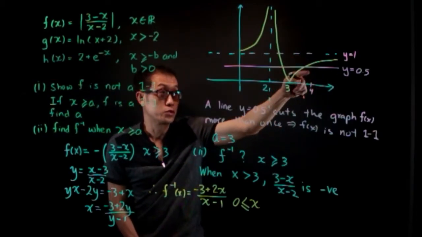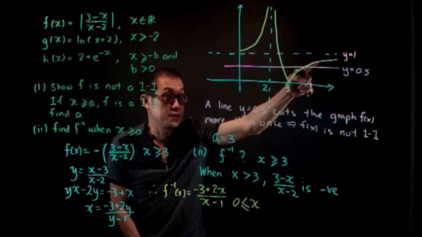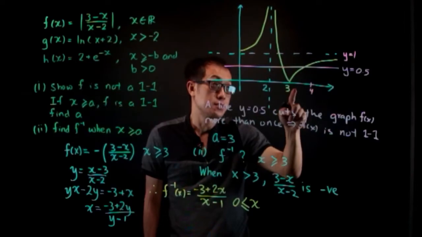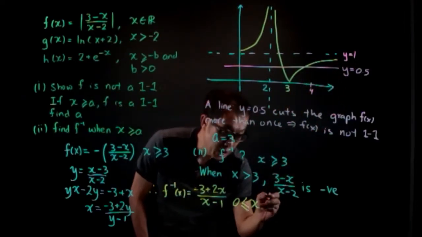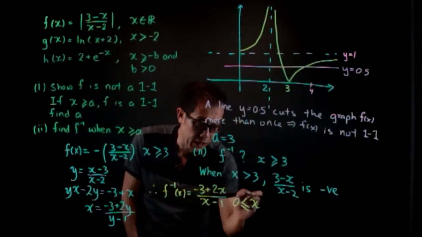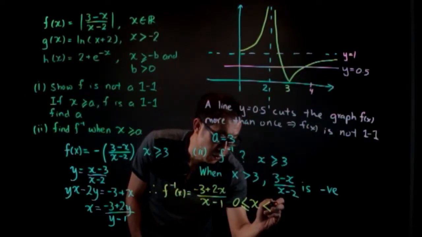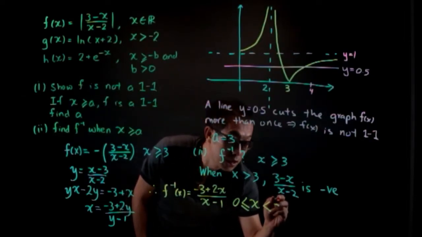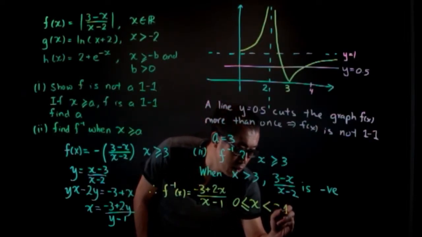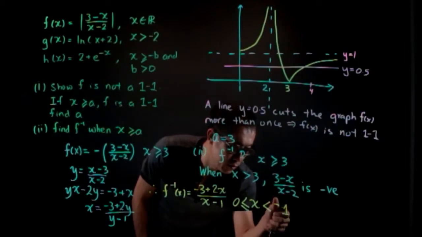So the range doesn't include 1 when x is greater than 3. Therefore the domain of f inverse is smaller than 1.